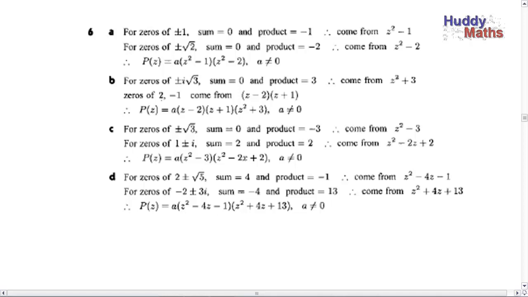Well, if you broke it out into linear factors, you might have something like z take 2 plus root 5i, well, we'll just use this bottom one here, 2 plus 3i, and 2 take 3i.